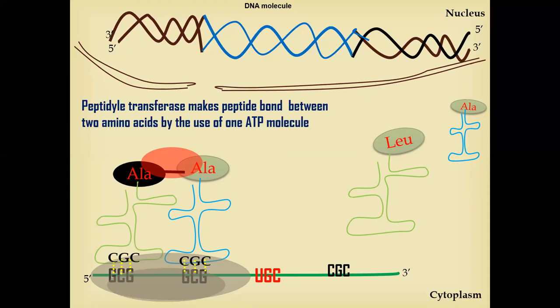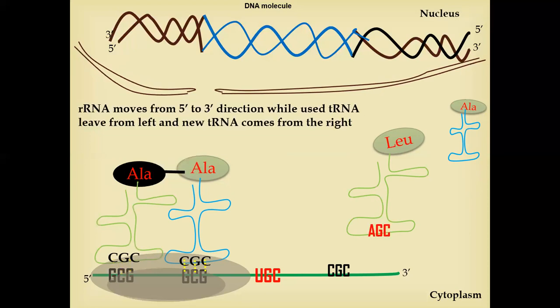So in this process, for making one amino acid bond, the peptidyl transferase enzyme uses one ATP molecule. And after that, the ribosomal RNA will proceed in the 5' to 3' direction, meaning it is moving from the left to the right.